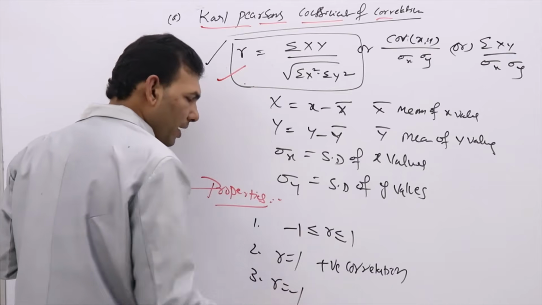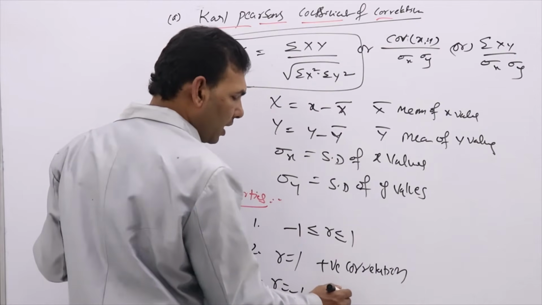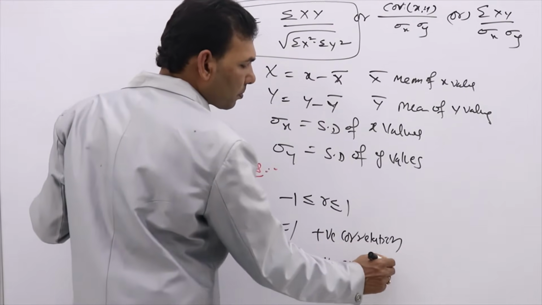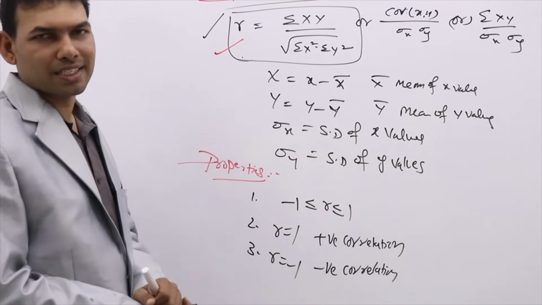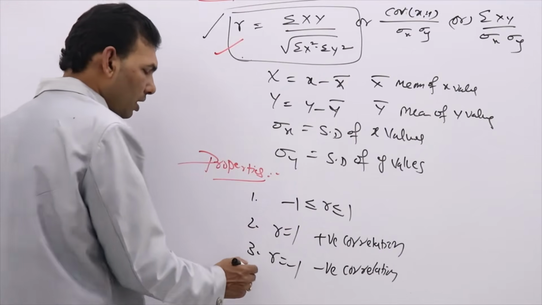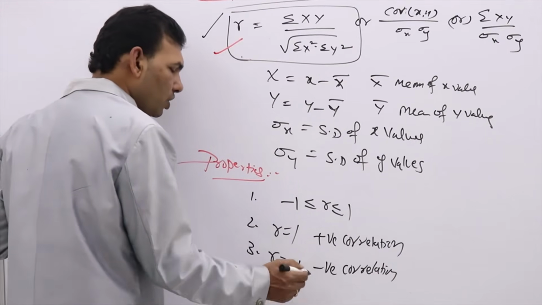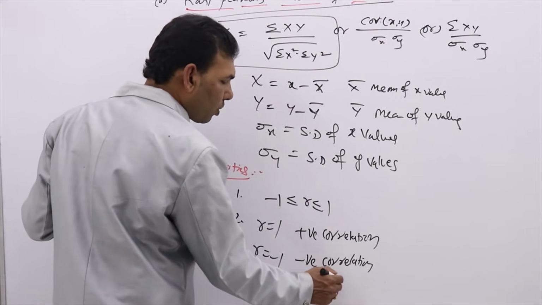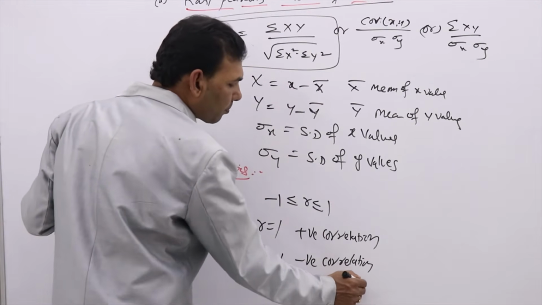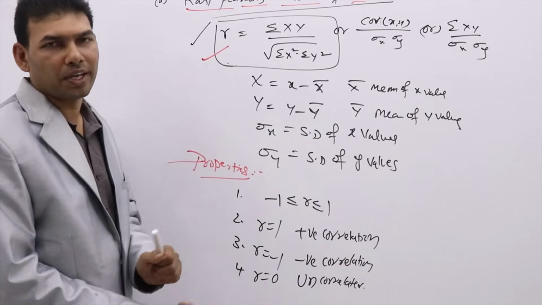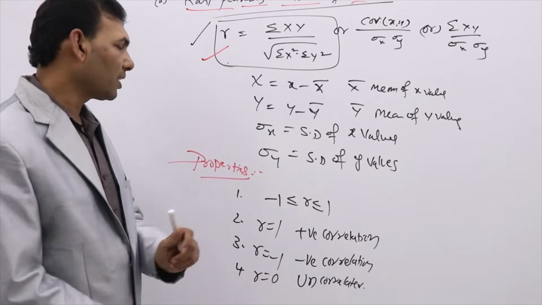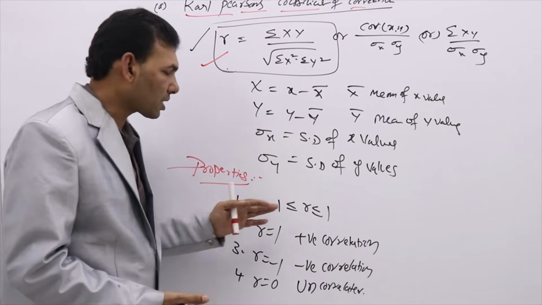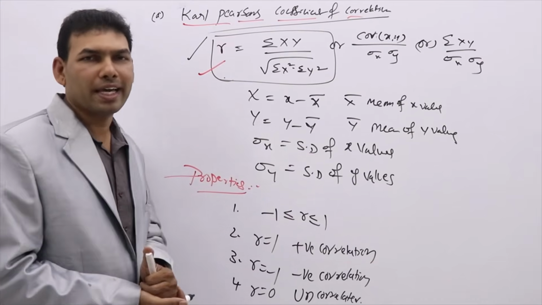If r equals -1, we say that they are negatively correlated: x increases, y decreases. If r equals 0, then they are uncorrelated; there is no correlation between x and y. Based on this, we can describe the relation between x and y.